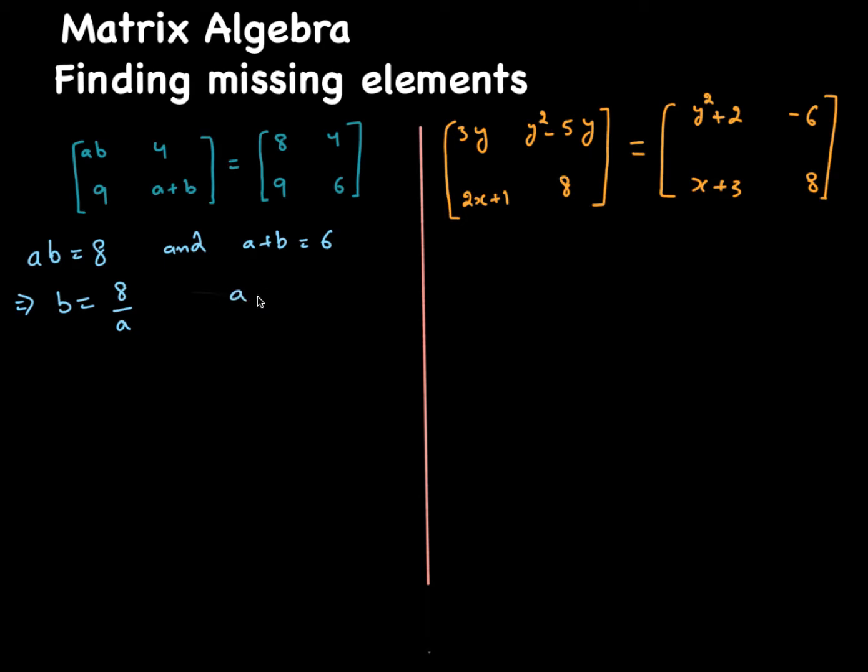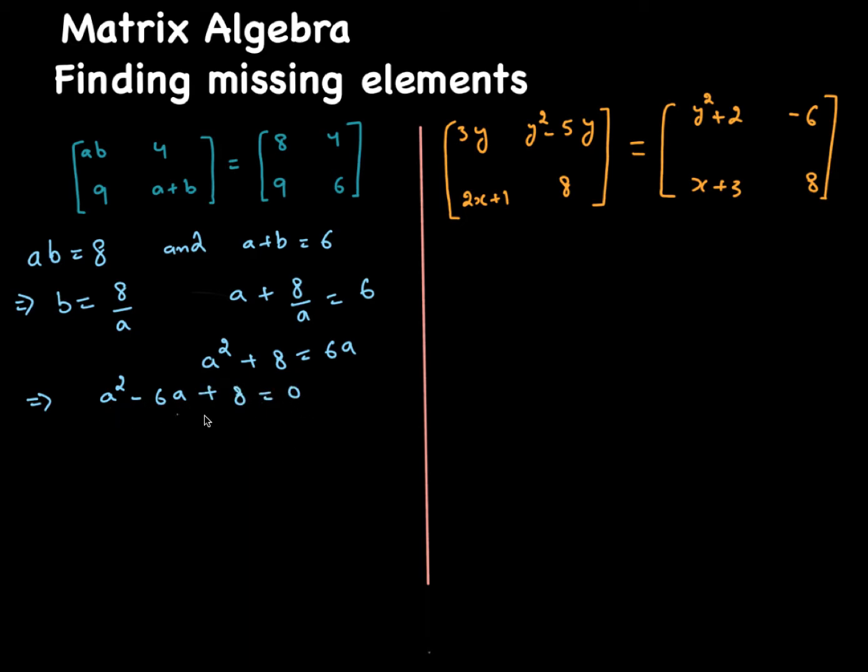This gives me A plus 8 over A is equal to 6, and when I simplify it, this gives me A square plus 8 is equal to 6A, or this can be written as A square minus 6A plus 8 is equal to 0.